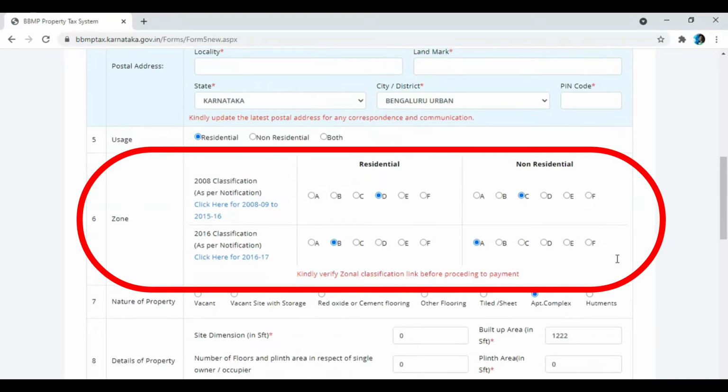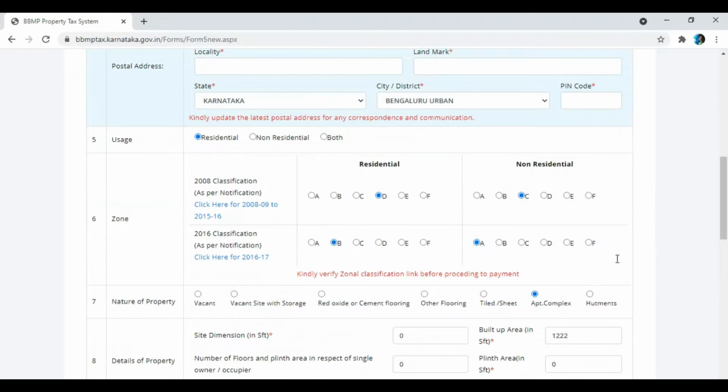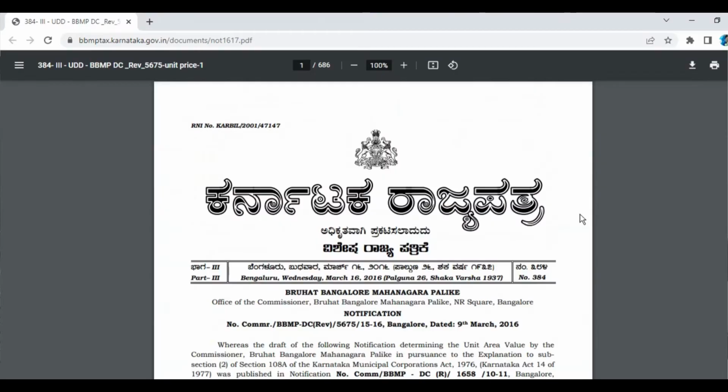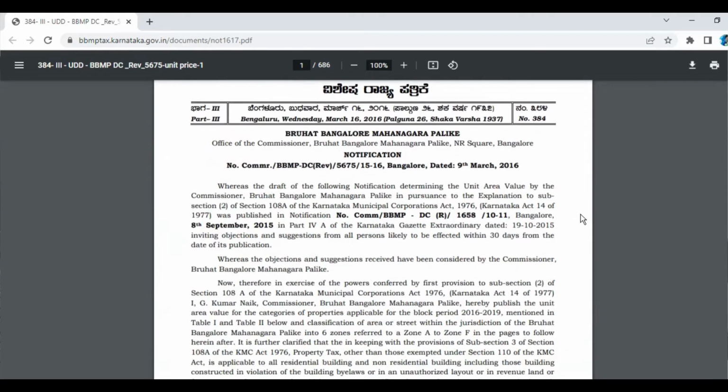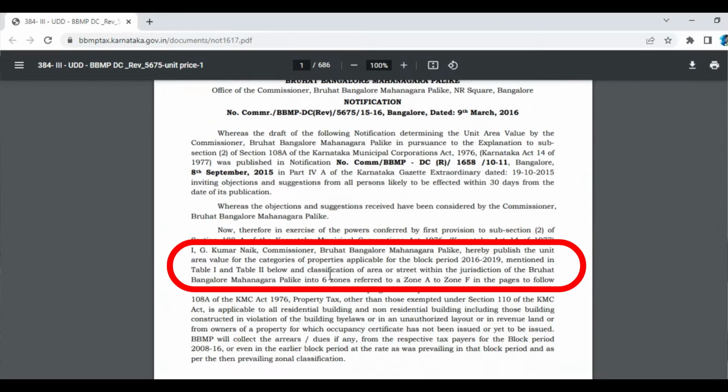So this was the case till last year, and what a lot of people did not realize was they were paying the tax without really choosing the correct zone classification. It would have been perfectly fine if the zone classification had not changed. But BBMP, in 2016-2017, went ahead and changed the zone classifications.